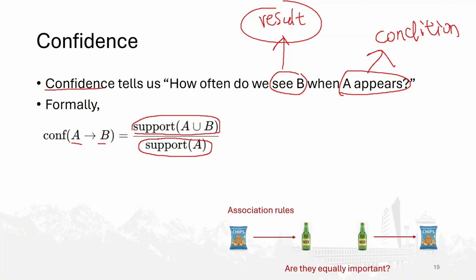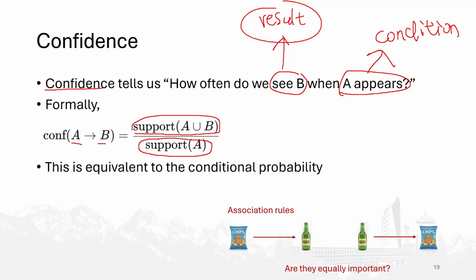Now, first, just stick to the formula and definition. This is also equivalent to the conditional probability. The confidence of A associates B is the same as the probability of B given A already appears. So they are equivalent. This is basically just a conditional probability.